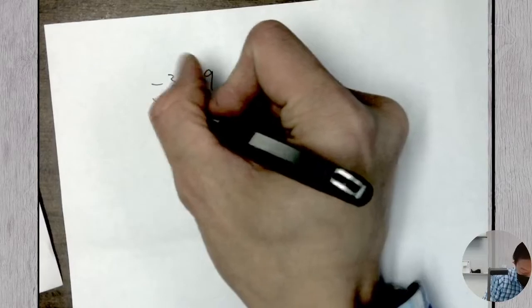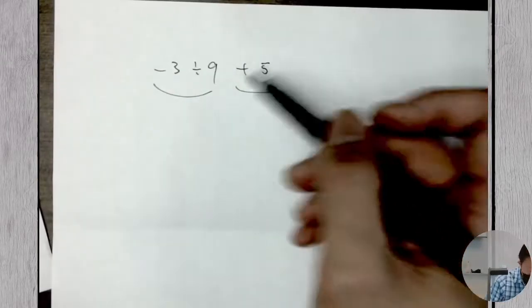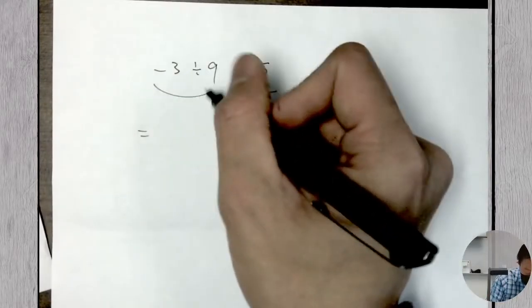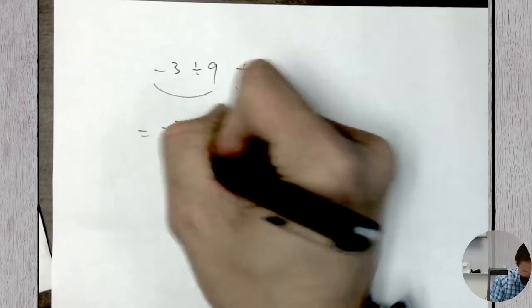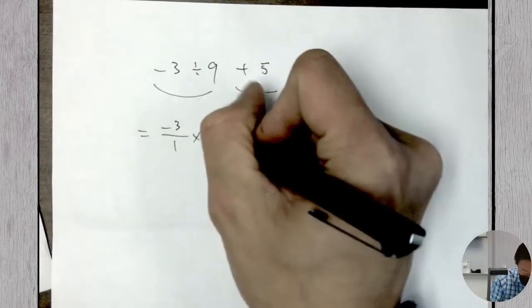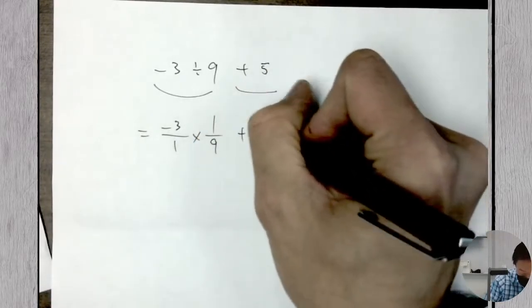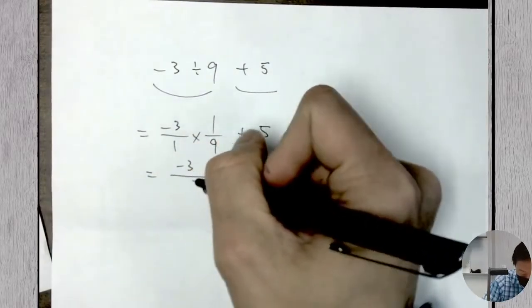We have 2 terms. 1 term, 2 terms. All right, so we got to simplify each term. First term, I have negative 3 divided by 9. This would be equivalent of negative 3 over 1 times by the reciprocal 1 over 9 plus 5, and this will give me negative 3 over 9.